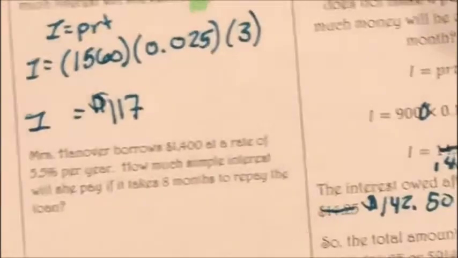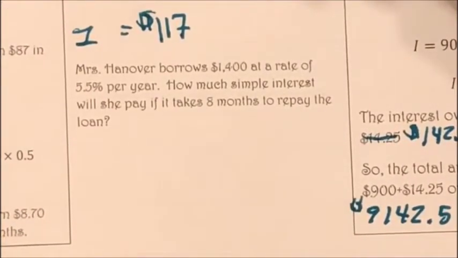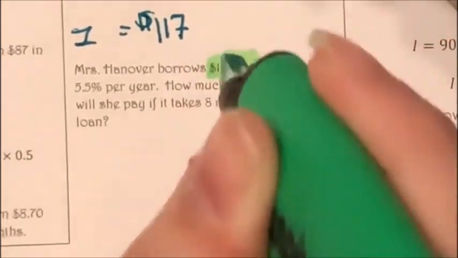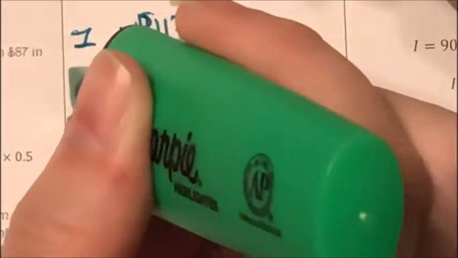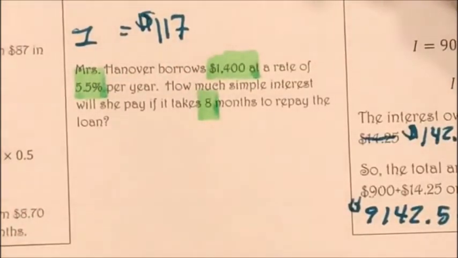All right, my second try it problem says Mrs. Hanover borrows $1,400 at a rate of 5.5% per year. How much simple interest will she pay if it takes 8 months to repay the loan? Again, I'm given my principal, my rate, and my time. Now this is a time in months, so you have to remember that.